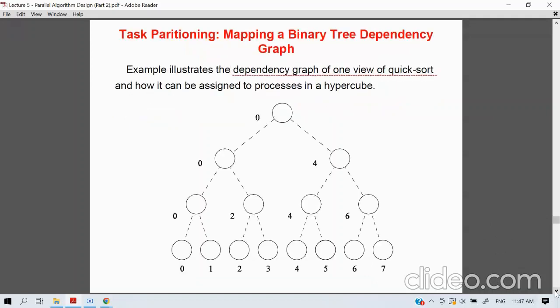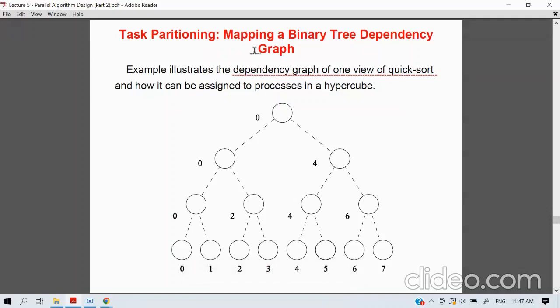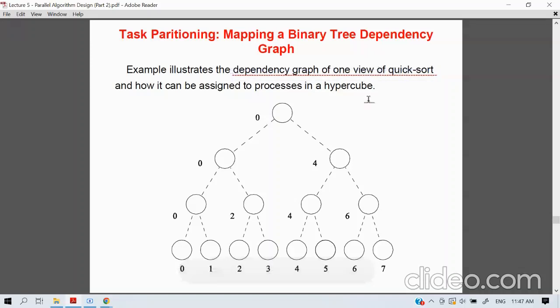Okay, so this is an example how we do the mapping in task partitioning. So this is the dependency graph for quicksort problem. So it is divided into several mappings, okay, several sections.